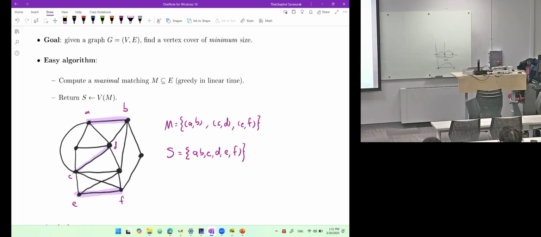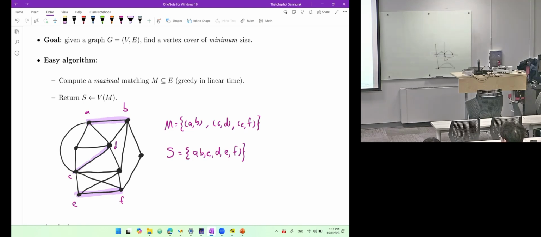Here is a super simple algorithm. Compute a maximal matching M. You remember what a matching is: a set of disjoint edges such that you cannot add another edge into it and still have a matching. You can compute this greedily in linear time, just go through each edge.